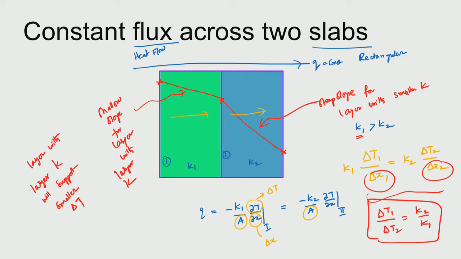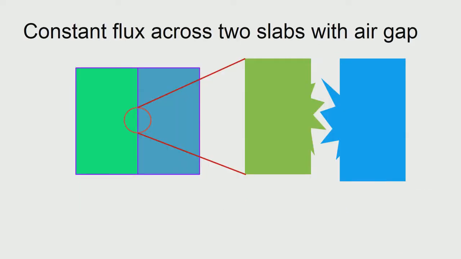Now, we will use this analysis and see what happens when there is an air gap. Let us say the same situation is happening, only thing is that the contact between the two layers is not very good, and we zoom in on this region and see that there is an air gap. So, this is air, and assuming that these two blocks are metallic, the thermal conductivity of air is definitely much less than either K1 or K2.